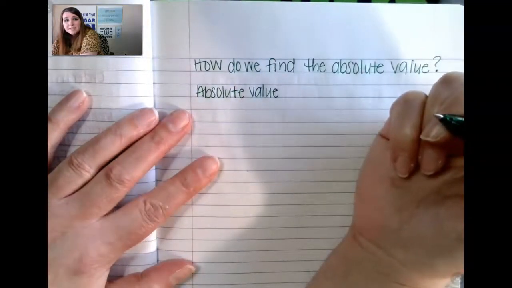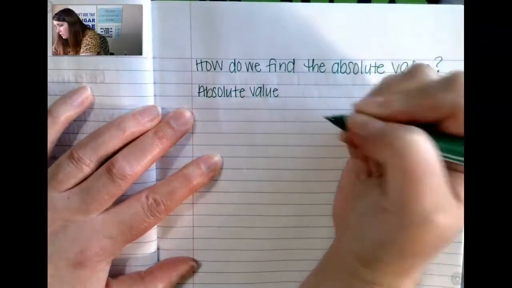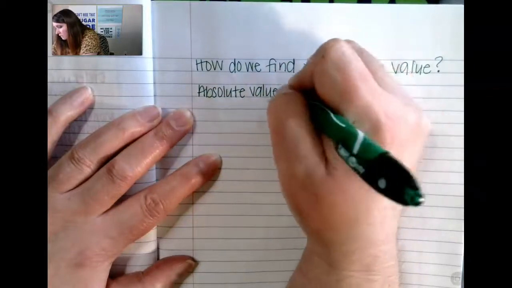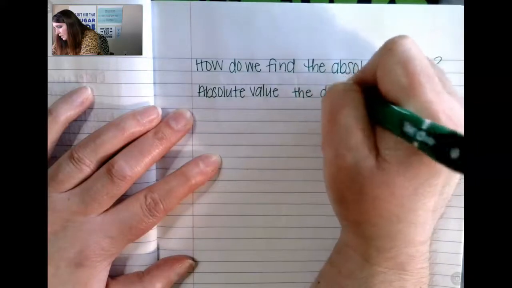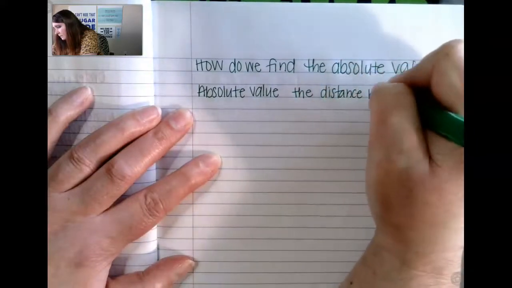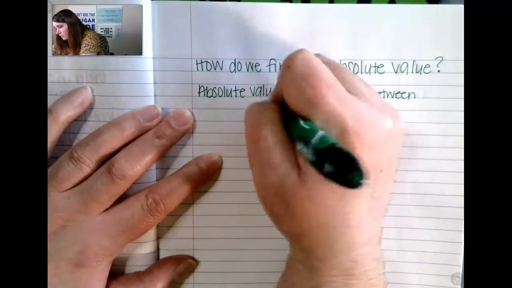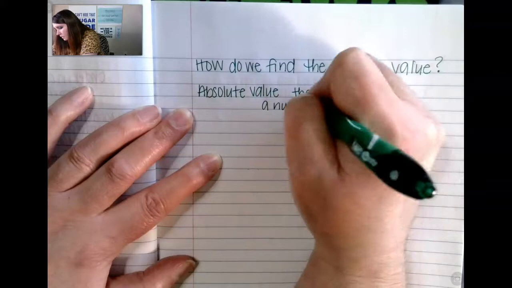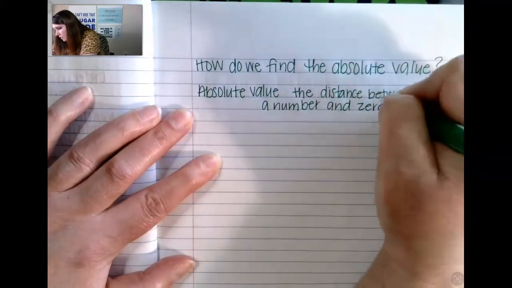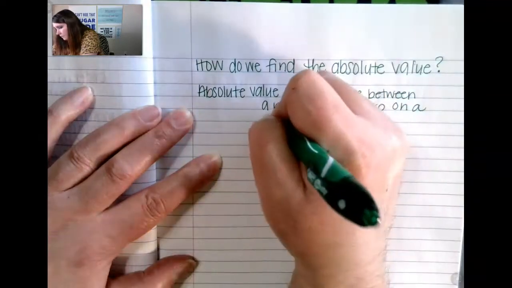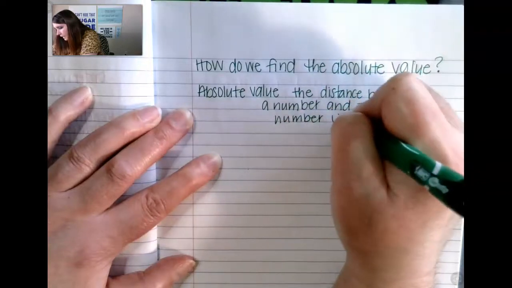So absolute value is the distance between a number and 0 on a number line.